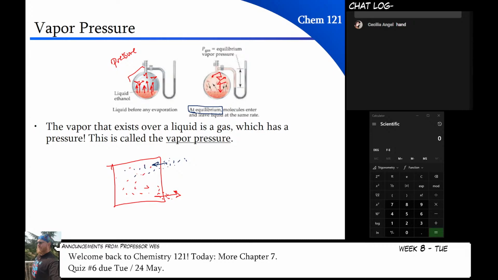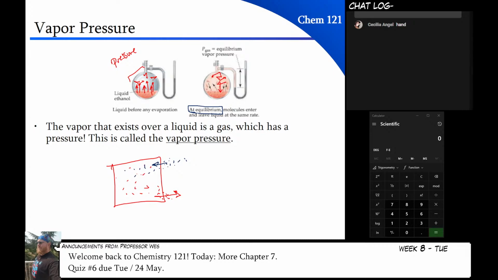At a given temperature, molecules are only able to enter the vapor phase to some degree. Once there are enough molecules in the vapor phase, they start to condense back into the liquid phase.